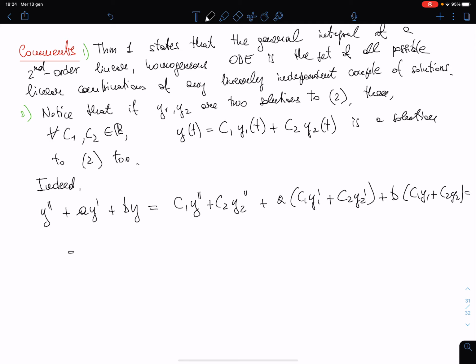So gather all terms with c1: we have c1 times y1 second plus a y1 prime plus b y1, plus c2 times y2 second plus a y2 prime plus b y2.